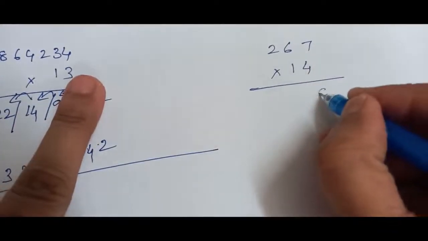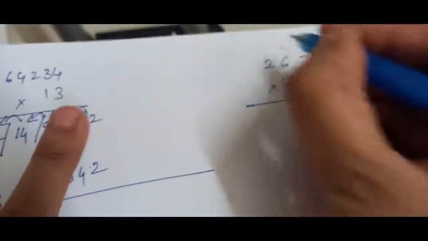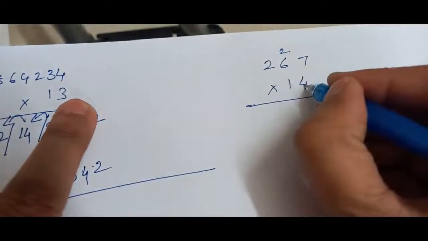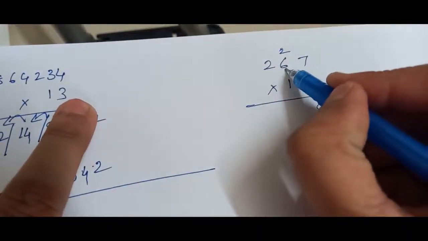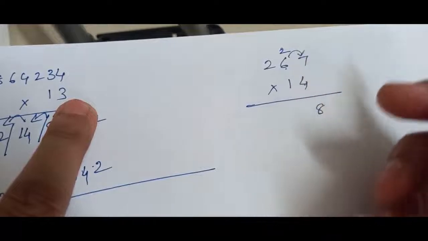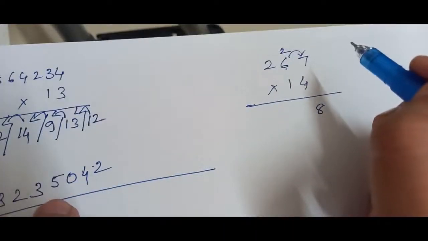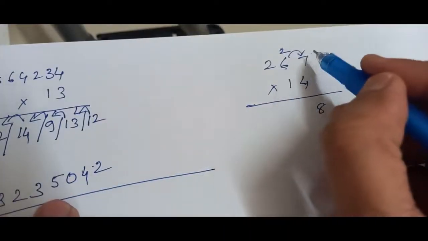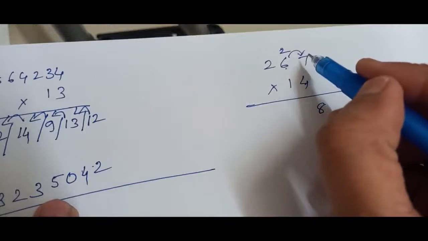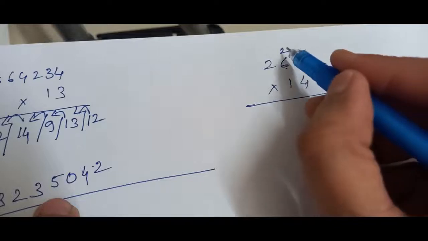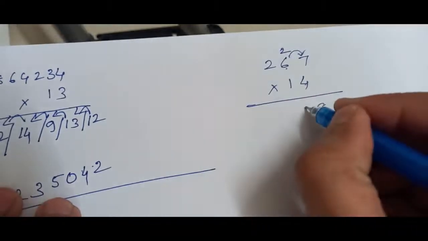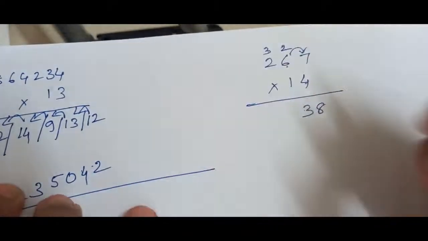So write 8 here, 2 carry over here. Okay. 4 6s are 24 plus add this 7. How much? 24 plus 7? It's 31 plus 2, 33. Write 3 here and 3 carry over here.